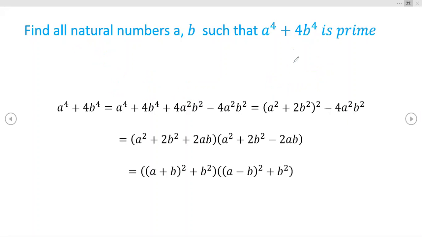Now the next piece of this is noticing that this is actually a squared minus b squared right here.